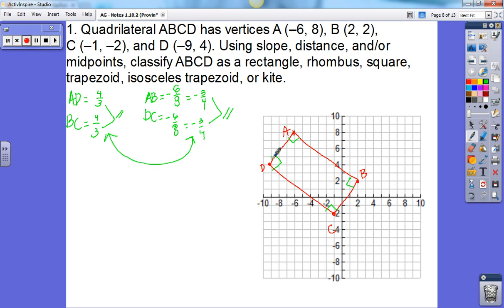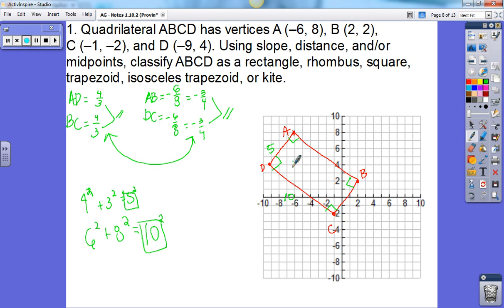So I'm going to do the Pythagorean theorem. For this one I've got 4 squared and 3 squared, so that gives me 5. So my side length for this is 5. And then here I've got 6 squared and 8 squared, and it's actually going to give me 10 squared, so this is 10.